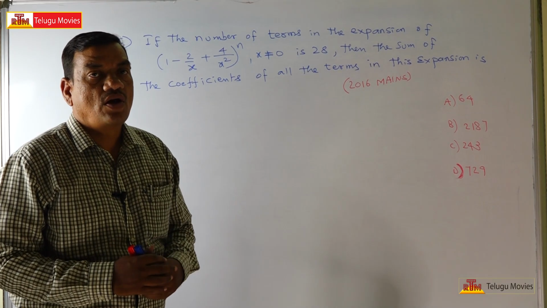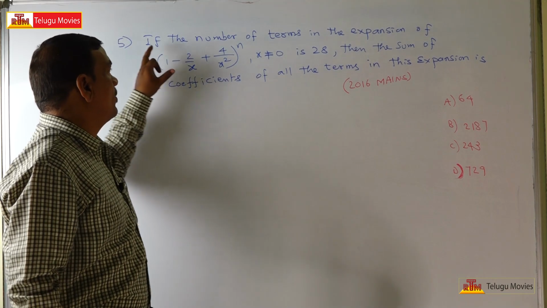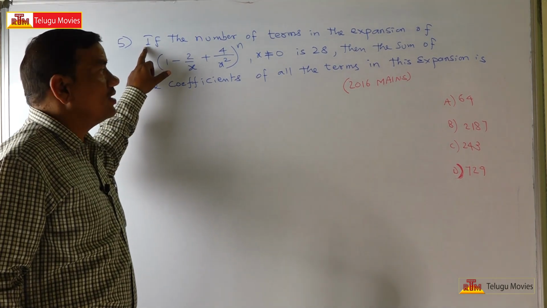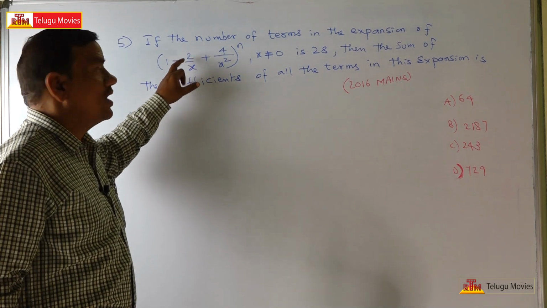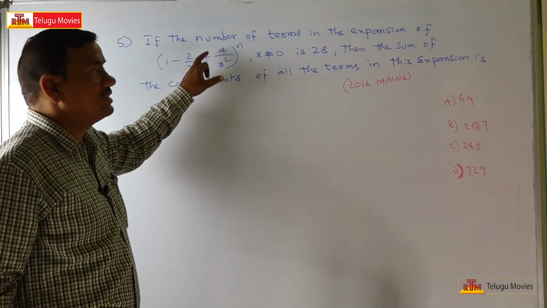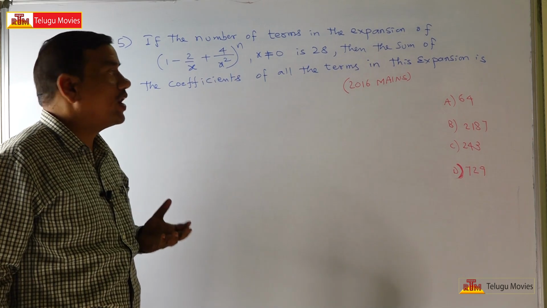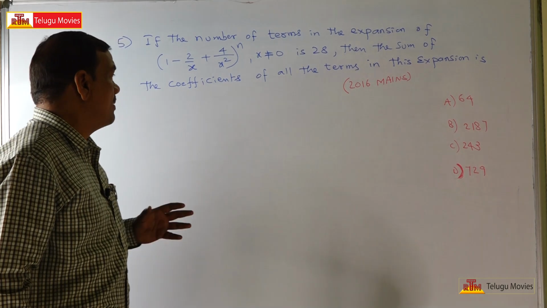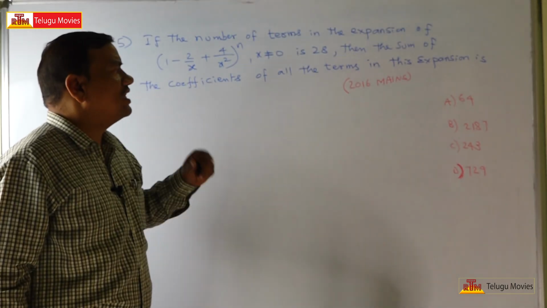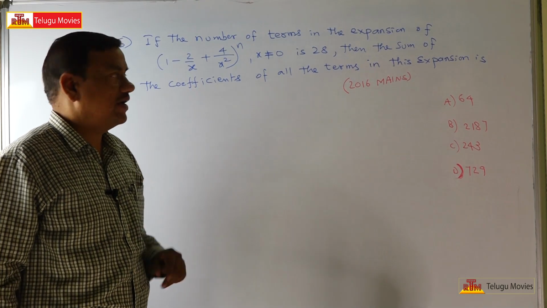Dear students, welcome to the fifth problem. The number of terms in the expansion of (1 minus 2 upon x plus 4 upon x square) whole power n, where x not equal to 0, is 28. Then the sum of the coefficients of all the terms in this expansion is. Okay.